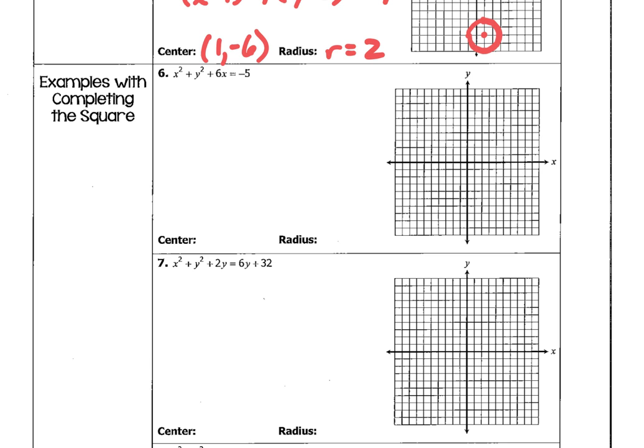Okay, so in this case here, we're going to go x squared plus 6x. We're going to put our two things together that are alike. So x squared goes with 6x. Y squared, there's no y's to go with it. And then -5 is going to stay on the other side because there's no x or y's connected to it.